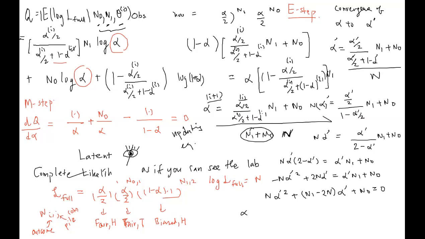Right, so your alpha prime will be, I think this one, plus minus square root of this minus 4, b square minus 4ac, right? So n naught. Something like that, okay? Let me check the question.